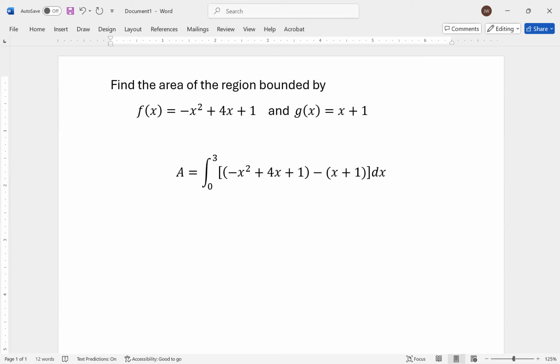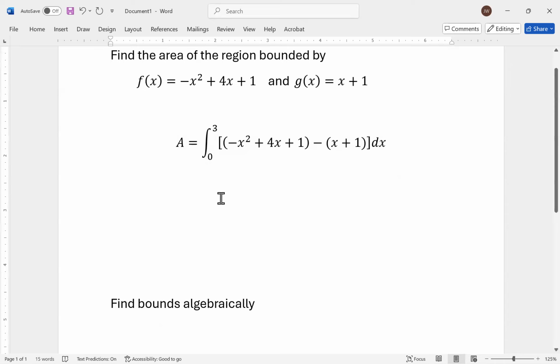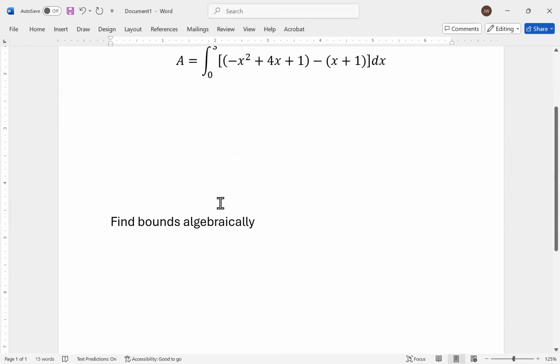Just as a side note, there are other ways to find these bounds, the 0 to 3 as well. One other way to find those bounds algebraically is just to set the expressions equal and solve. So I'd set negative x squared plus 4x plus 1 equal to the expression x plus 1, and then I'd solve.